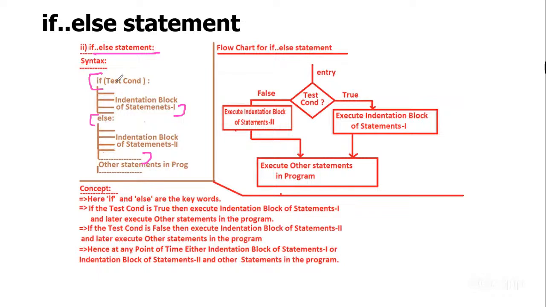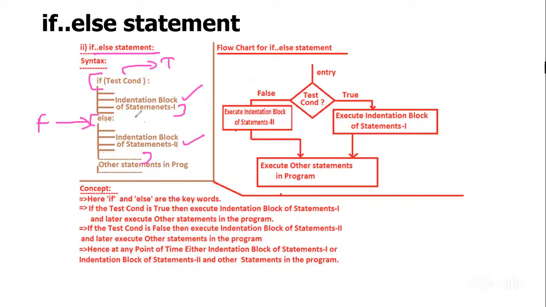Under the if block, we'll have the condition, the same test condition. If this condition is true, it enters and executes all the statements in block of statements 1. What if this condition is false? It goes to the else block and executes block of statements 2.